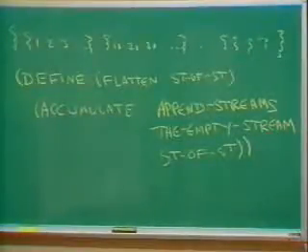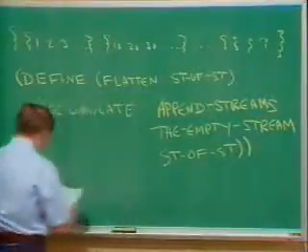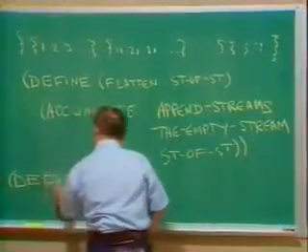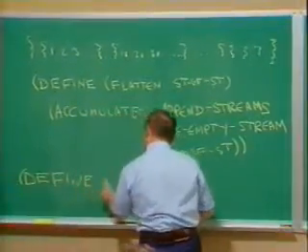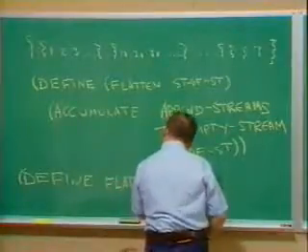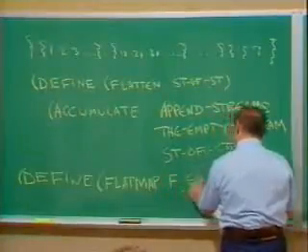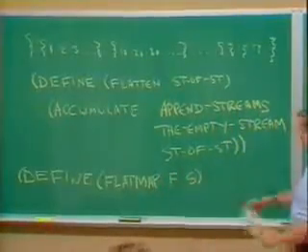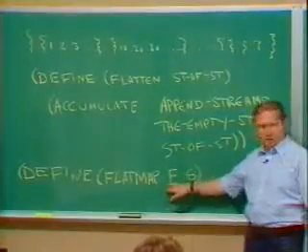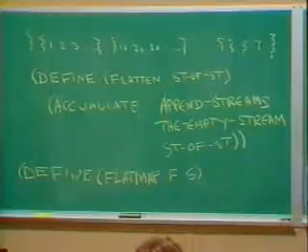In fact, there's another useful thing that I want to do. I want to define a procedure called flat map. Flat map of some function and a stream. And what this is going to do is S will be a stream of elements. F is going to be a function that for each element in the stream produces another stream.